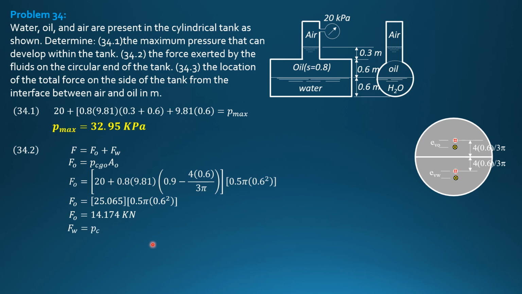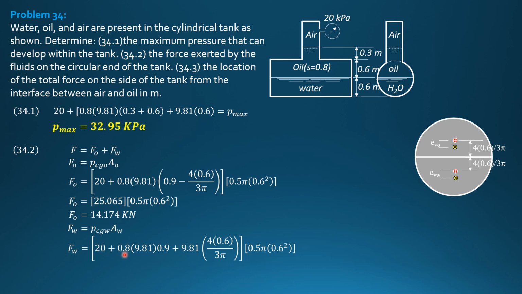So F of water is pressure at the centroid of water times area of semicircle, again, area of water. So it is 20 plus 0.8 times 9.81 times 0.9 plus 9.81 times 4r over 3 pi. So we go down by 4r over 3 pi from here. And that is already water. Then area 0.5 pi 0.6 square.